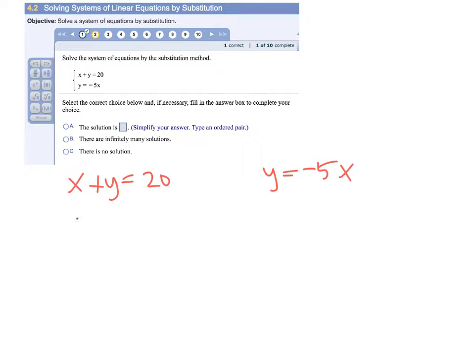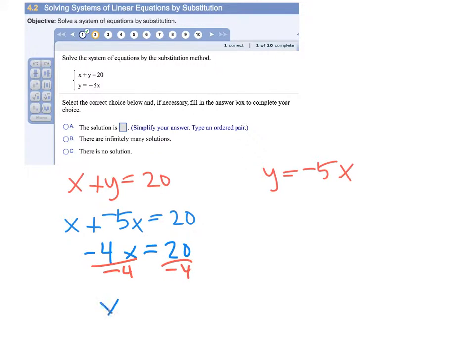So that becomes x plus negative 5x equals 20. You see, I saw the y and I replaced it with a negative 5x. So that ends up being negative 4x equals 20. Dividing both sides by negative 4 gives us x is equal to negative 5.